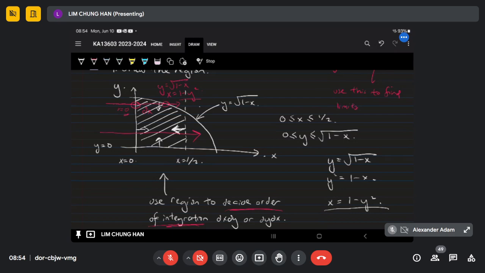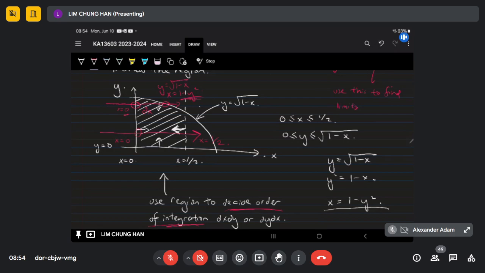The problem with dx is, if I draw the line at the top, I have a limit of 0 and a limit of 1 minus y squared for x. If I draw it at the bottom, I get a limit of x equals 0 and then another limit of x equals half.